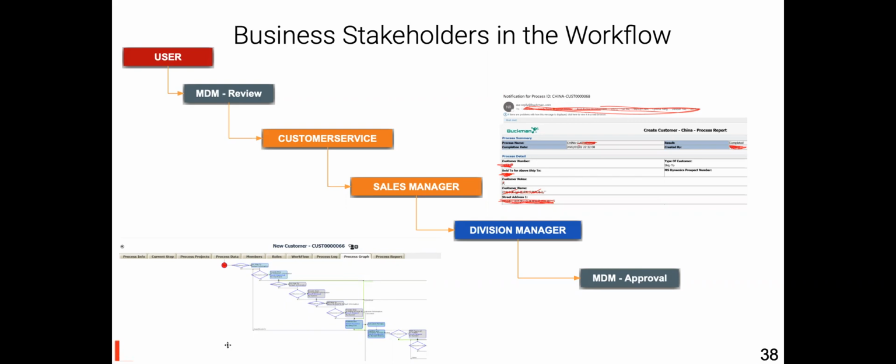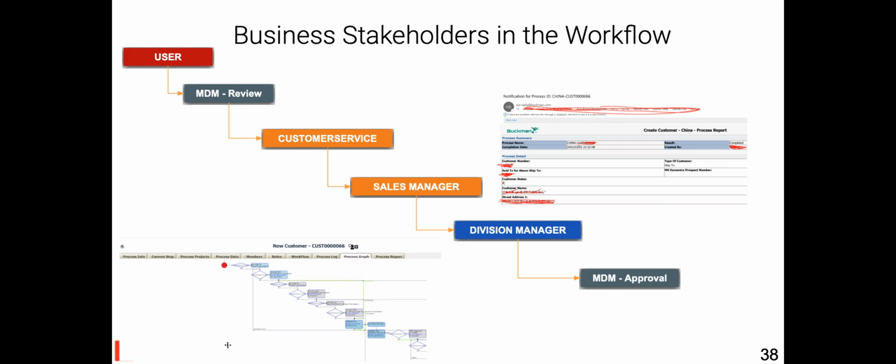Once they are happy with the basic address and the field information, they will approve, and that approval task will trigger an email to customer service, and the customer service team will review the pricing related information and other relevant fields, and then they approve.